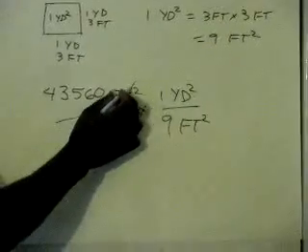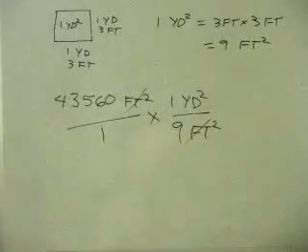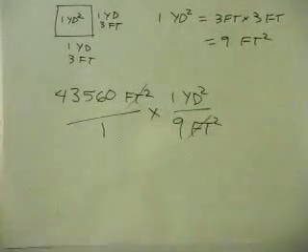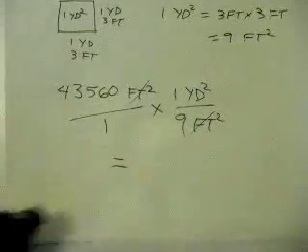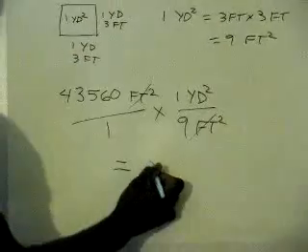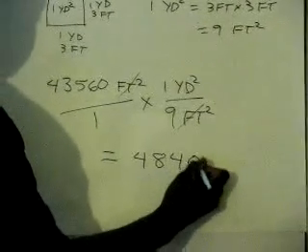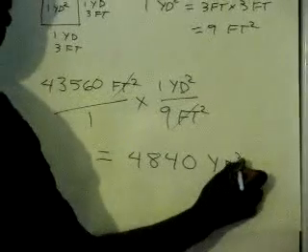Notice that the square feet units cancel out, and it's actually 43,560 divided by 9 for our final answer, and that comes out to 4,840 square yards.